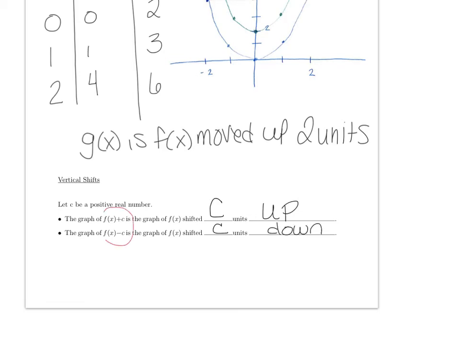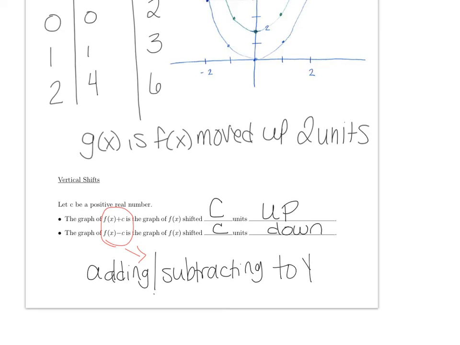Now if you think about what this notation is saying, f of x plus c and f of x minus c, we're either adding or subtracting to f of x, and f of x is the same as y, right? So we're adding or subtracting to the y values. And so it should make sense that we're moving vertically, we're moving up and down.